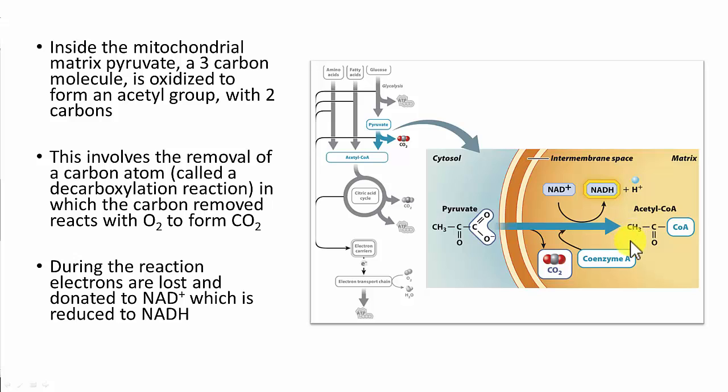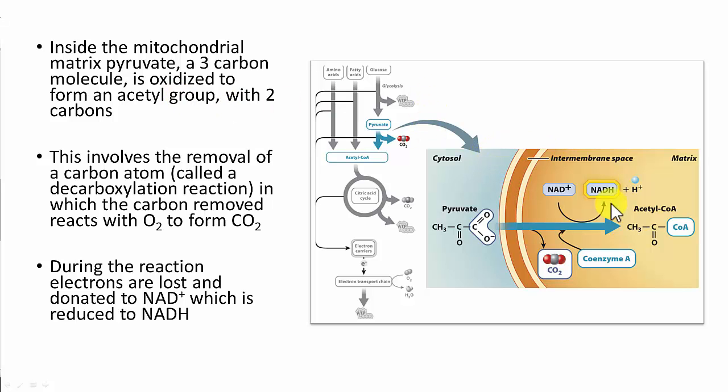It's got 3 carbons. And what's going to happen in the pyruvate oxidation is it's going to be oxidized, meaning it's going to lose electrons, lose hydrogen. And what's going to happen is it's going to be broken down to form a 2-carbon molecule called an acetyl group. So we essentially go from a 3-carbon pyruvate to a 2-carbon acetyl group.